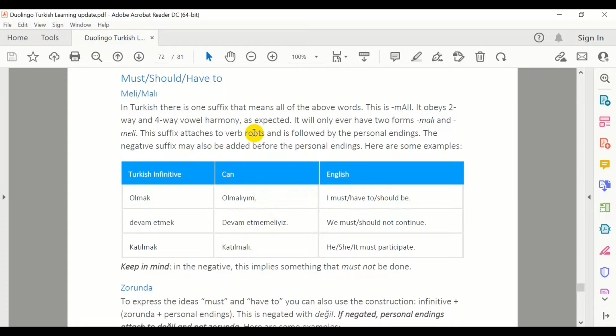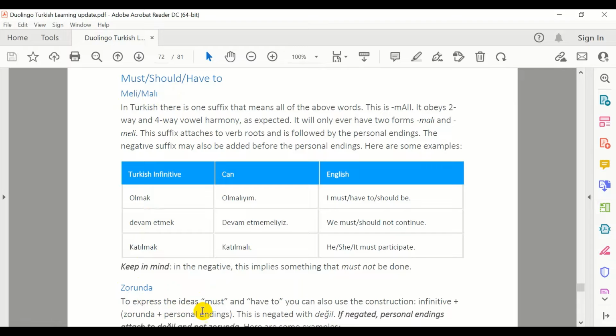So in Turkish language, generally you can convey the idea of obligatory situations using this suffix. But if you want to bring some changes in your speaking, you have one more option, that is zorunda.